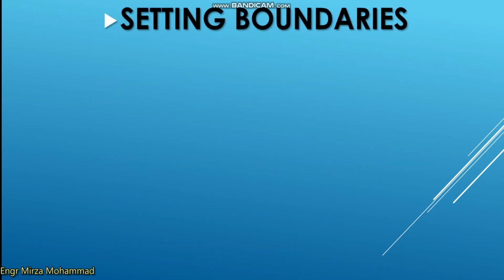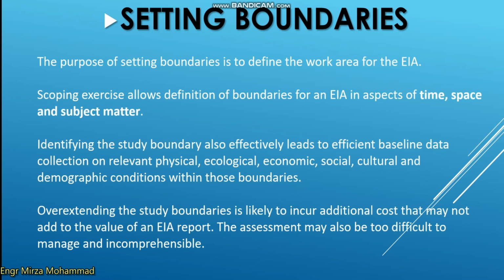So now we will discuss setting boundaries in the scoping process. It is very important to set the boundaries for the scoping process because when we conduct the environmental impact assessment, if we don't ascertain or cut out the area we are working on, or the area on which we are focusing, it will just increase the cost and the amount of errors.